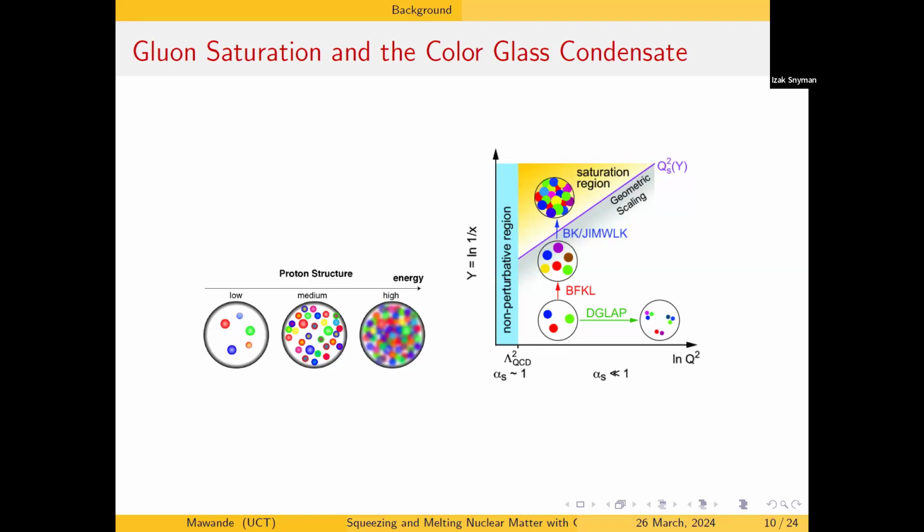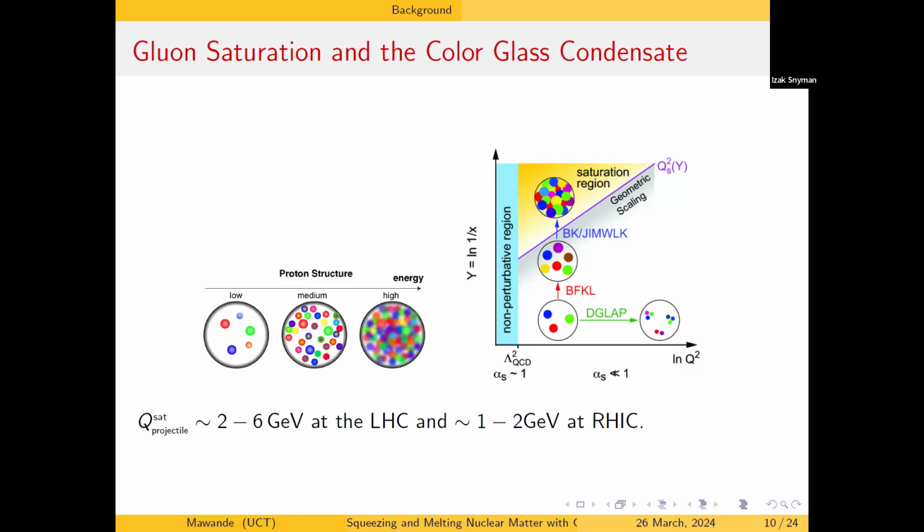This scale is called the saturation scale, Q_s. You can think of the saturation energy, or of the transverse size, governed by Q_s. Anyway, that's how I'm going to talk about our fast moving nuclei.